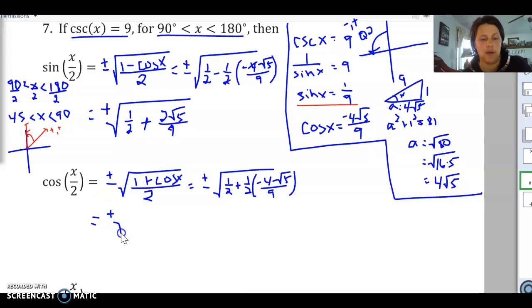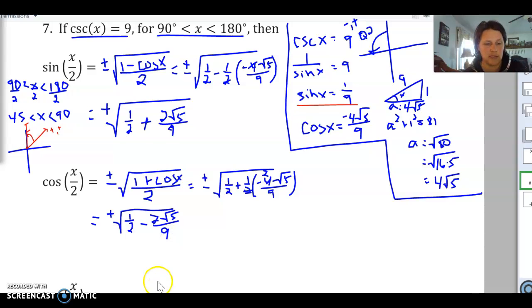So we're going to have a positive square root 1/2 minus, this time, because we've got a plus and a minus, minus 2 and our 4 will cancel. We'll be left with 2, so minus 2 root 5 over 9.